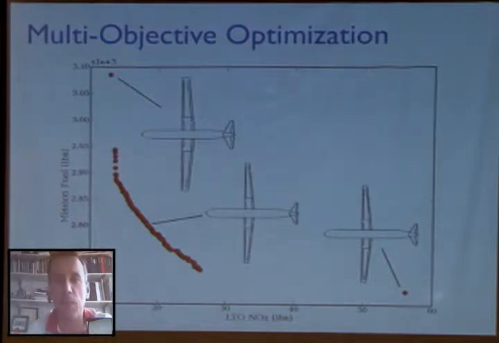And the other extreme is on the lower right, where you see a design that minimizes fuel burn with no regard to NOx emissions. And then we have everything else in between. So this gives information to the designer in terms of what trade-off you are going to make between these two different objectives. In the end, you do just choose one design.